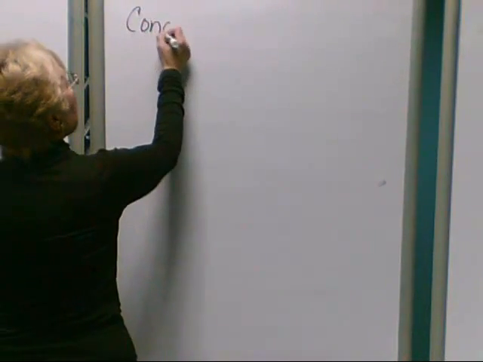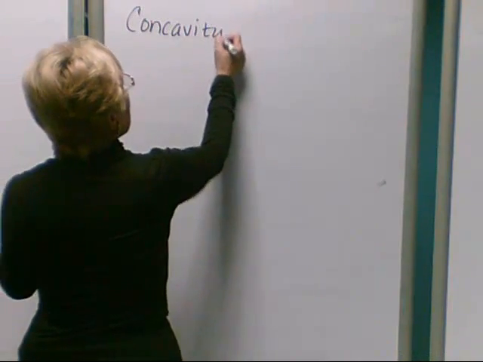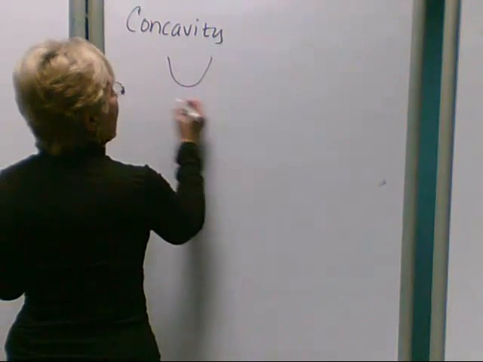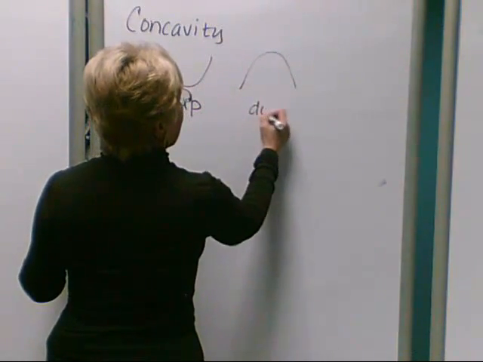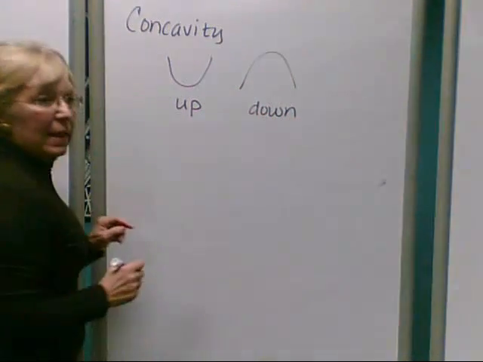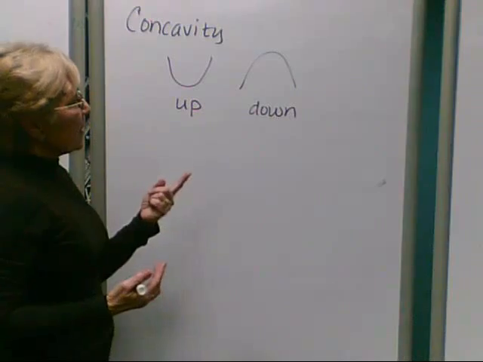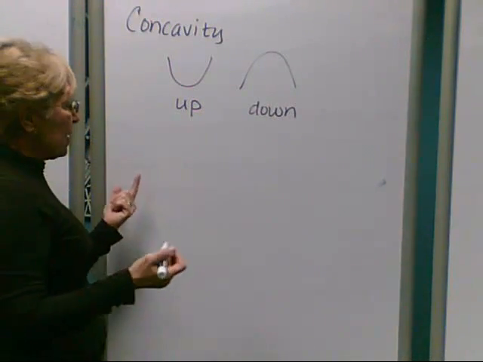So let me grab a marker. Concavity, just like your book says: concave up and concave down. And again, the reason for addressing it is not just to describe parts of a curve.